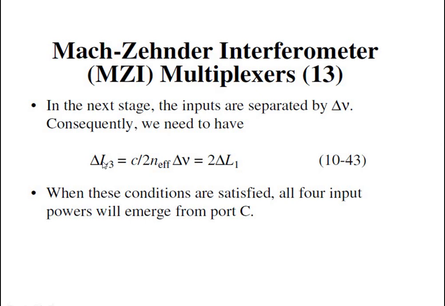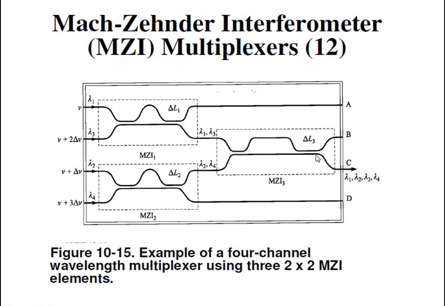Consequently, we need to have delta L3 equal to C divided by 2 n effective delta nu, that is equal to 2 delta L1. When these conditions are satisfied, all 4 input powers will emerge from port C, that is when delta L3 is equal to twice delta L1.